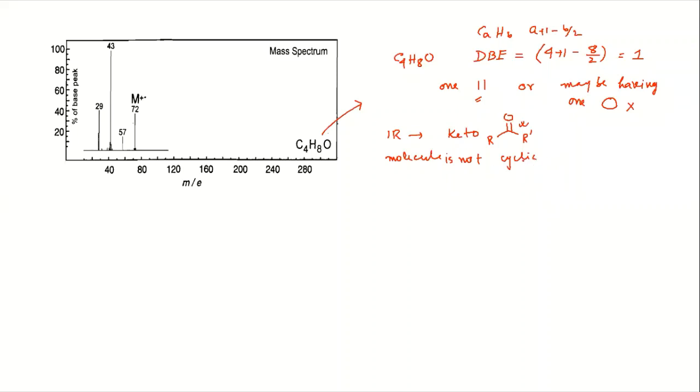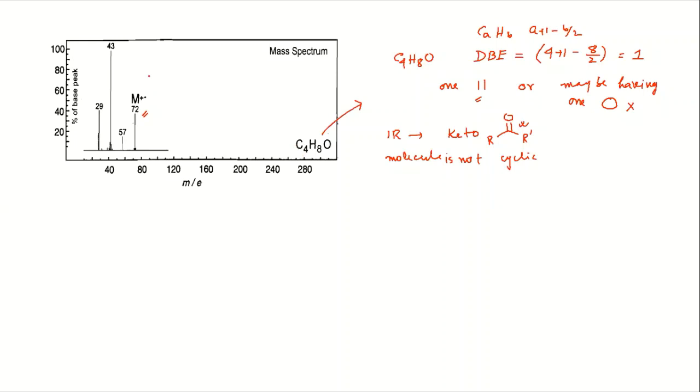Okay, so these two combinations you can do. Now you look at the pattern. With 72, you try to match whether this is matching with the molecular formula or not.